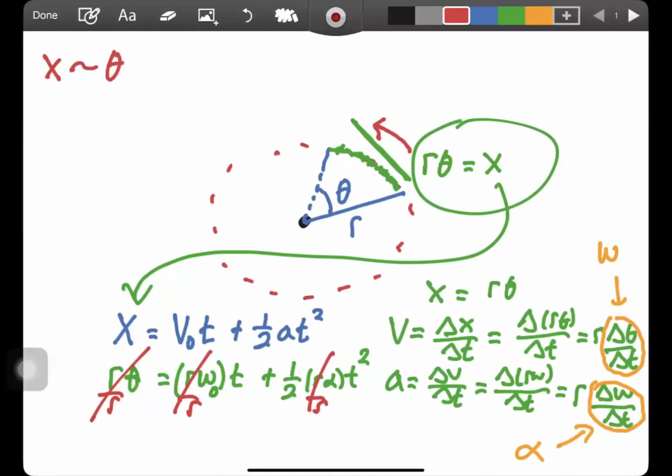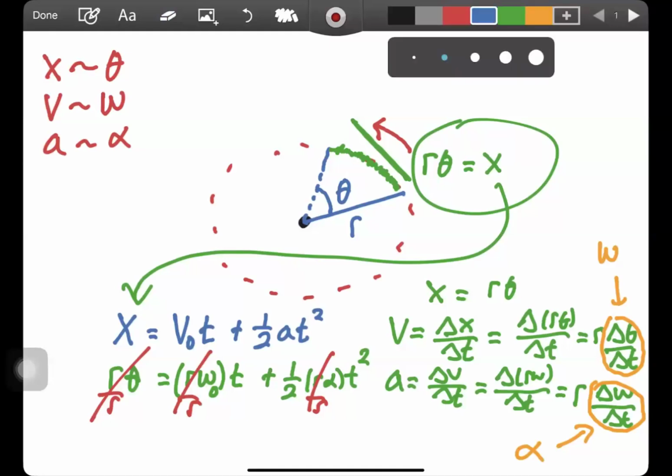So wherever you see the x in linear equations, you put a theta if you're dealing with rotational motion. Wherever you see a v for velocity with the linear equations, now what you're going to put is omega for angular velocity. And whenever you see the letter a for acceleration in the linear equations, now you're going to put alpha. So let me give you another example.